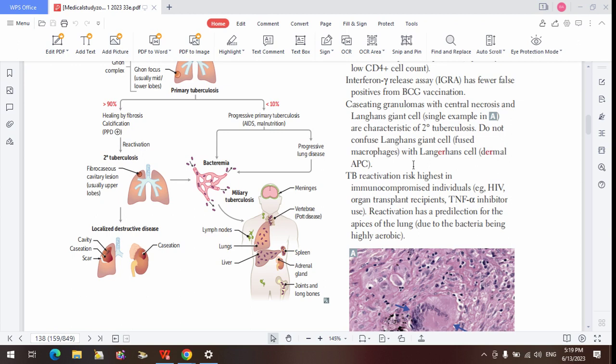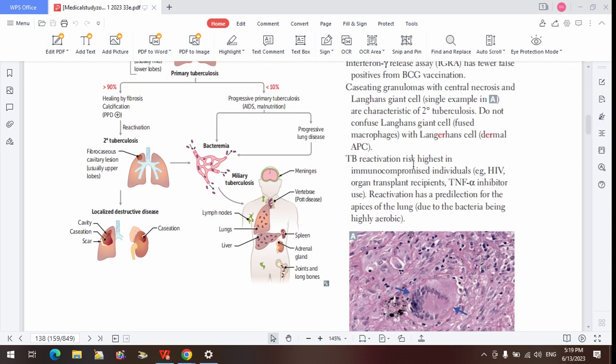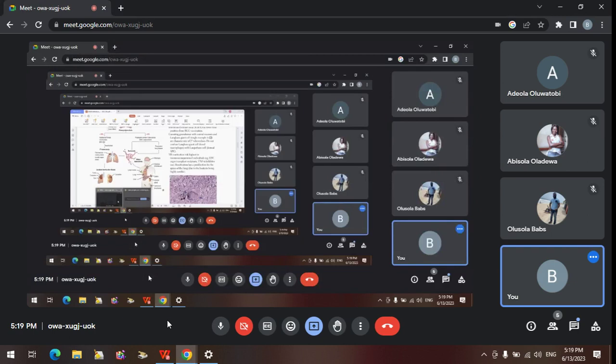Yeah, so you cannot differentiate them with interferon assay. Hmm? Hello? Hello? Hello? Hello? Hello?